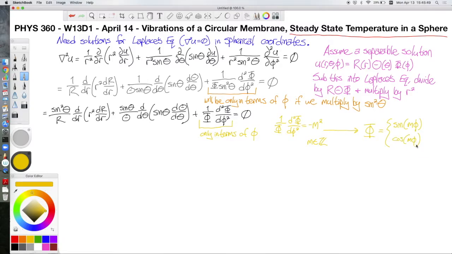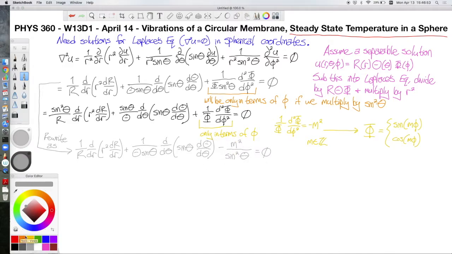So now we can use this fact that the last term is equal to negative m squared to rewrite our equation that we had up here in gray before we multiplied by the sine squared of theta. Now we can do the next step of our separation of variables and define another separation constant. We can do this by noting that this first term here is a function of only r, and that everything else contains no r's at all.